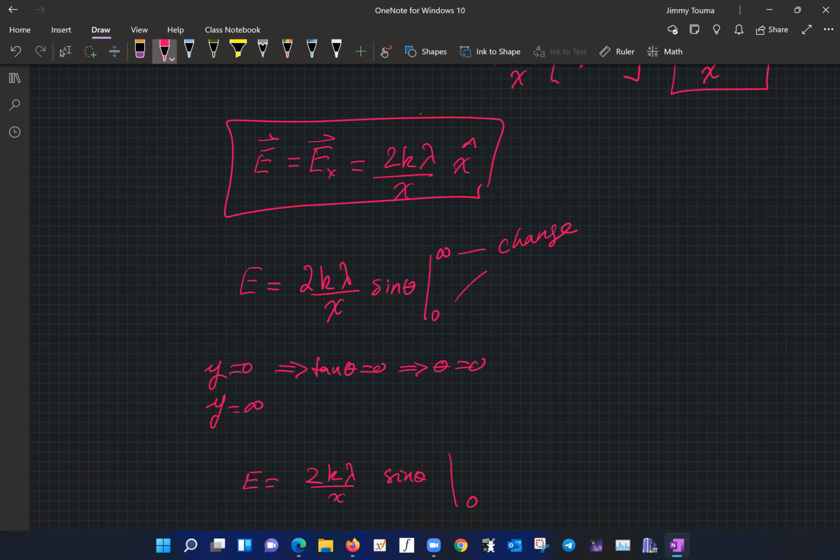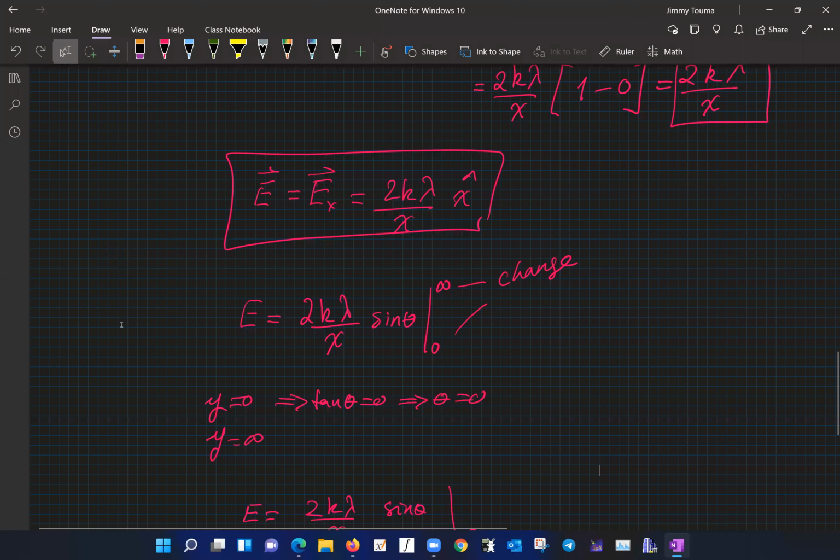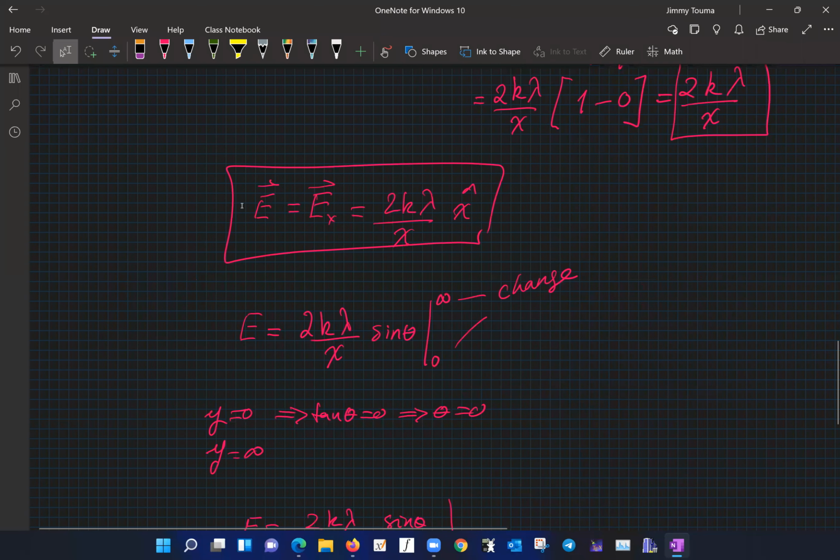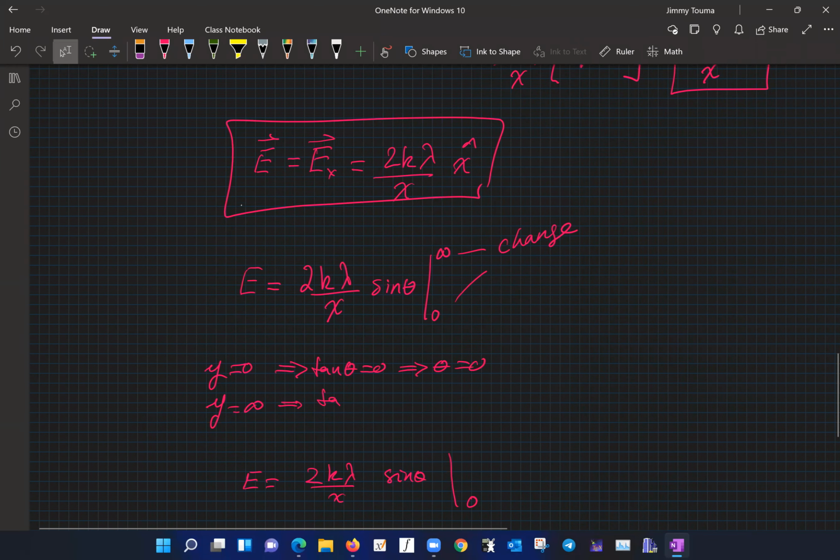But what happens when y is infinity? Let's go here again. If y is infinity, x is fixed, it cannot be infinity. So the tangent theta has to be infinity. So this implies tangent theta equals infinity, or goes to infinity. It cannot equal infinity, but for the sake of the argument, let's say it is. So what makes a tangent infinite?